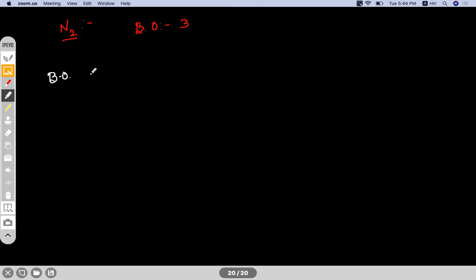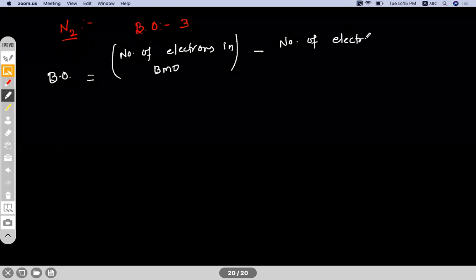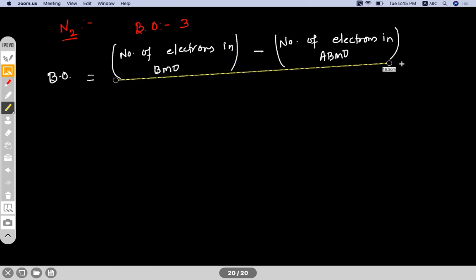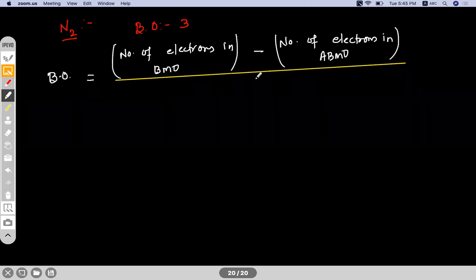The bond order for molecular orbital theory is the number of electrons in BMO, bonding molecular orbital, minus the number of electrons in ABMO, antibonding molecular orbital, divided by 2.